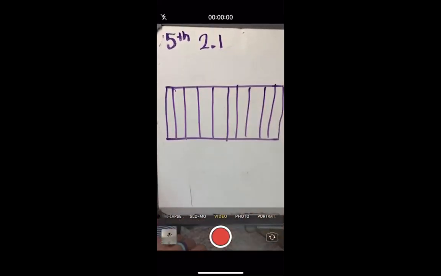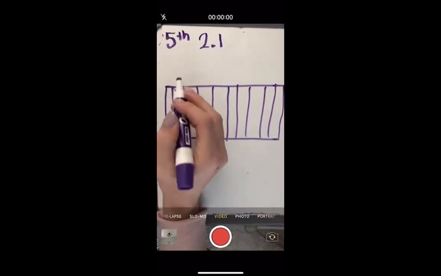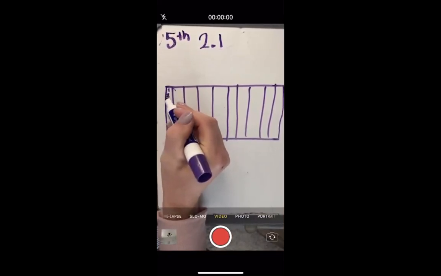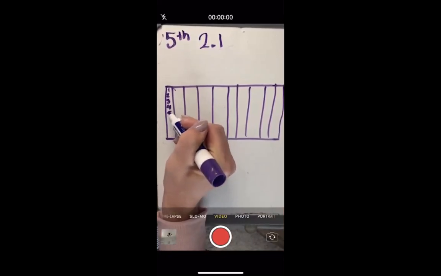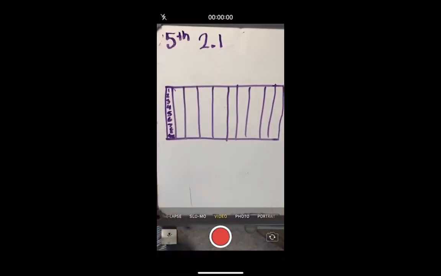I know that I have 10 equal parts, right? And within that, it takes 10 pennies to make each one of these, each 10th. So basically the way you want to think about it is 1, 2, 3, 4, 5, 6, 7, 8, 9, 10 pennies to make 1/10.